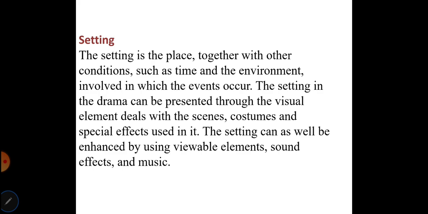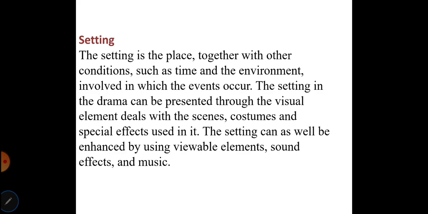Like, you know, special effects could include music. Well, the setting can as well be enhanced by using viewable elements, sound effects, and music. You know, music used between the scenes or the acts, etc.